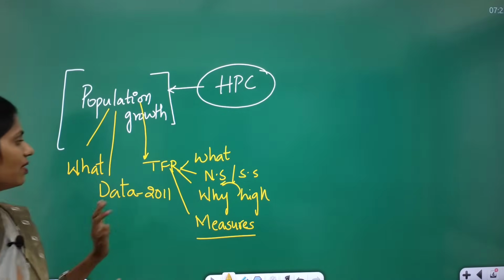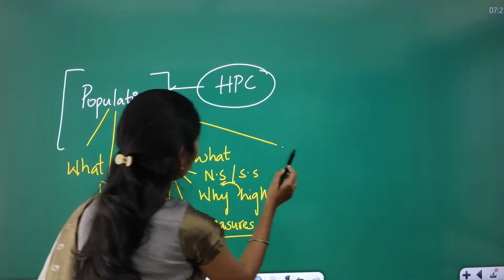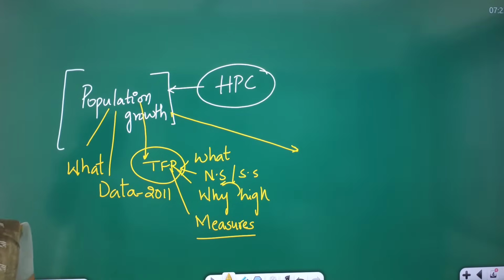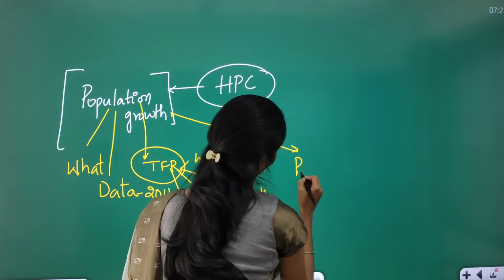These are the dimensions from the TFR point of view. You have to see this population growth especially from GS1. You will be reading the population growth theories.